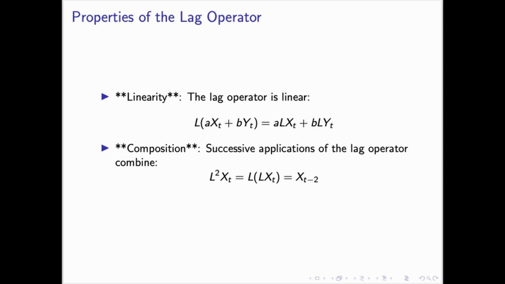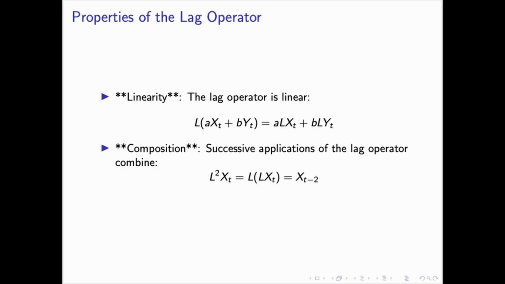First, linearity. The lag operator is linear, L(a x_t + b y_t) equals a L x_t + b L y_t. This means that when we apply the operator to linear combinations of two time series, it distributes over the terms. Second, composition.